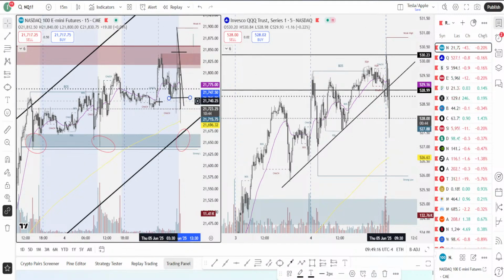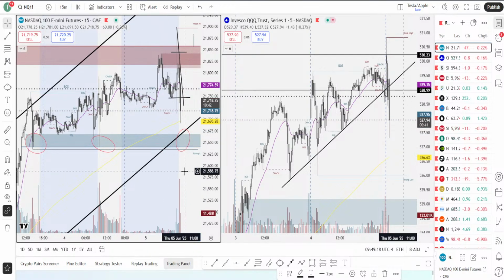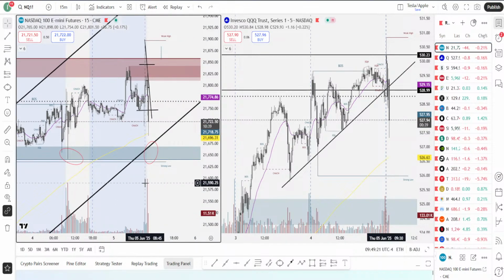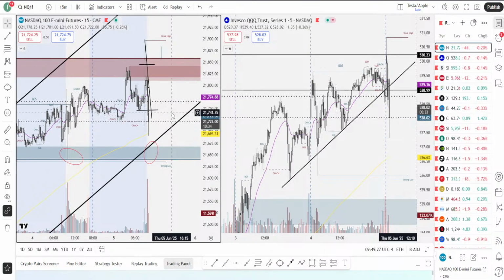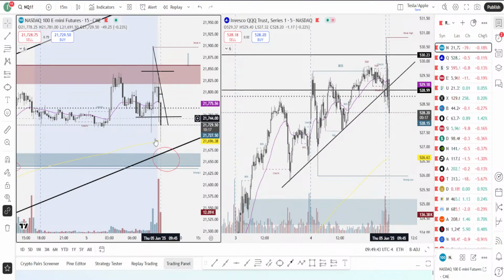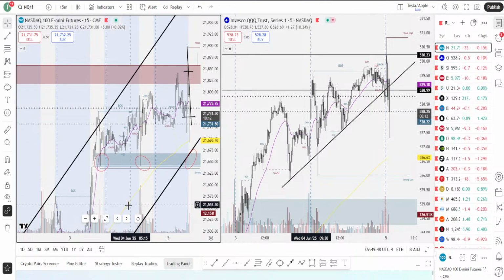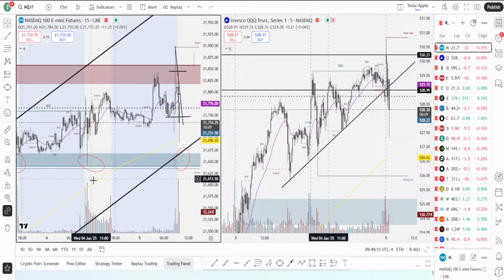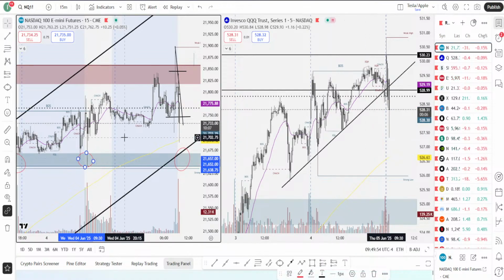I'm looking for price to come down to the man. I put my stop at break even, so I'm managing risk. I'm going with the trend. What else? Managing risk, going with the trend. Following the price action. If we see selling candles, I'm going to sell. So just lining everything up, going with the flow of things.